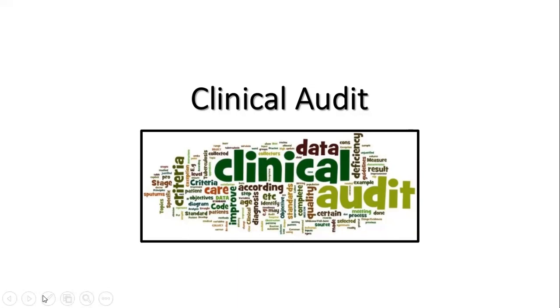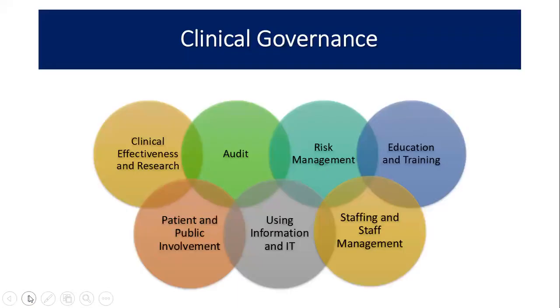Today we discuss clinical audit, and this is part of our clinical governance discussion. So we said as a hospital or as a specialist manning a new unit, there are clinical governance processes that you need to put in place.